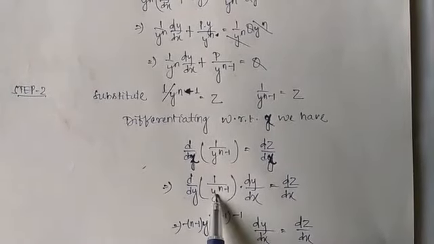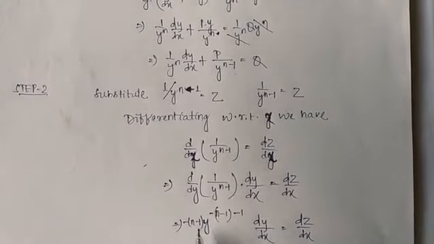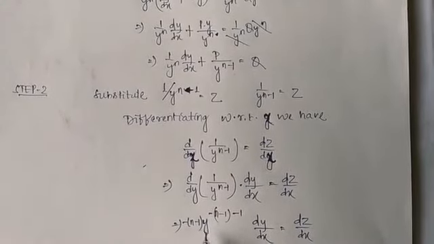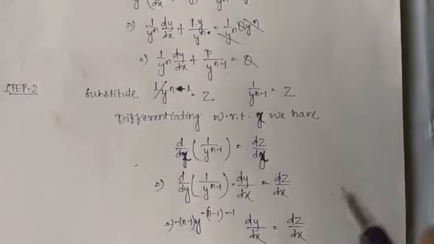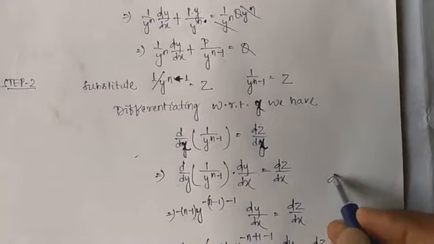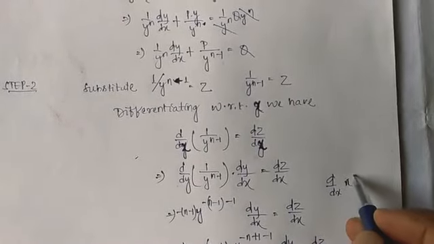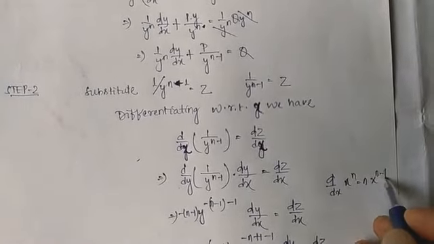So the derivative of 1 by y to the power n minus 1 is given by minus of n minus 1 into y to the power minus n minus 1 minus 1, because the derivative of x to the power n is n into x to the power n minus 1.